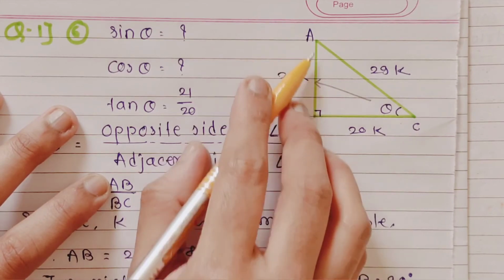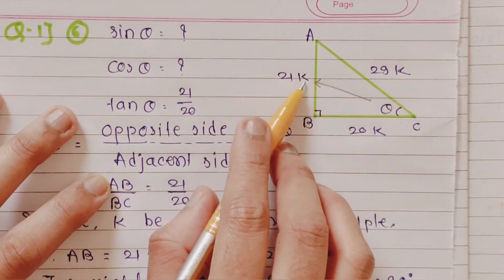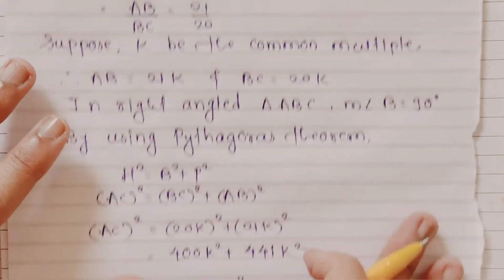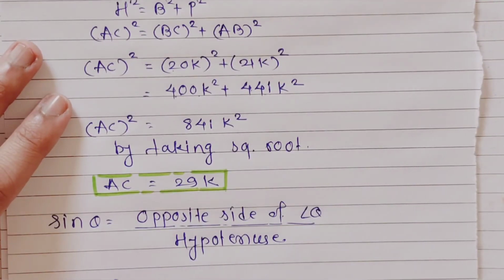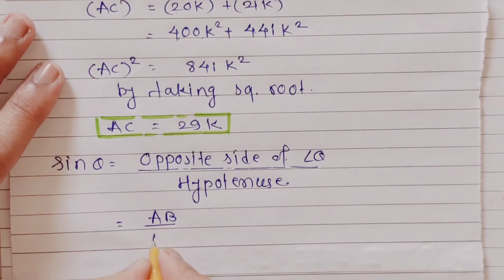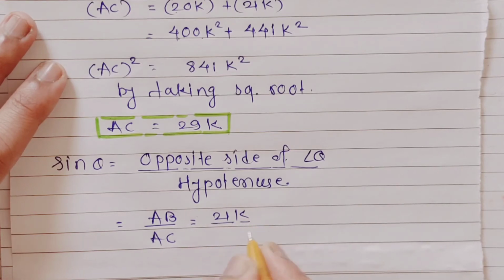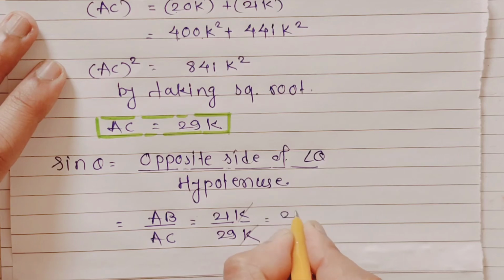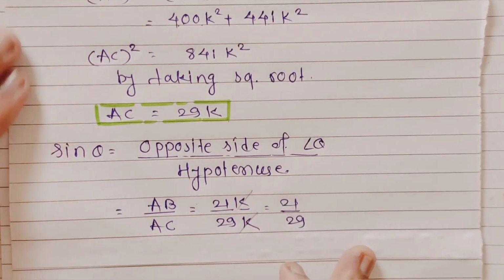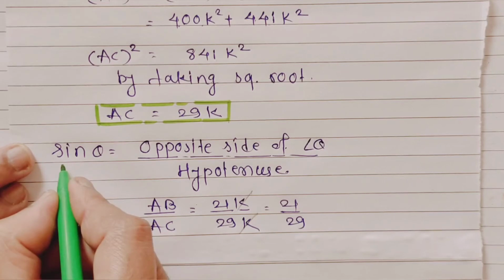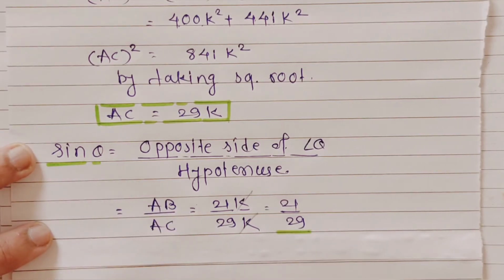So ratio is AB upon AC is equal to 21k upon 29k. Is it clear? So k cancels k, remaining 21 upon 29. So sin theta is equal to 21 upon 29.